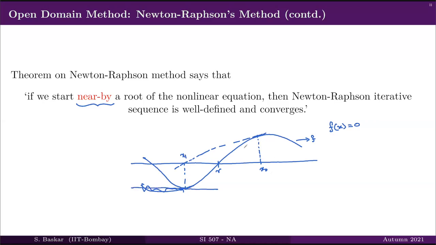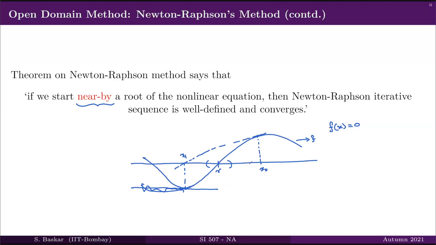So this kind of situation can happen. That is why the theorem gives you a guarantee of the convergence only in a sufficiently small neighborhood of your root. If you go far away from the root, well, things may not be in our favor. That is the reality.